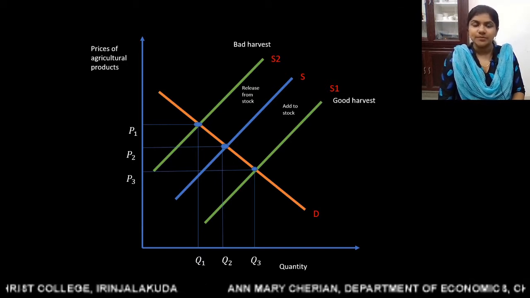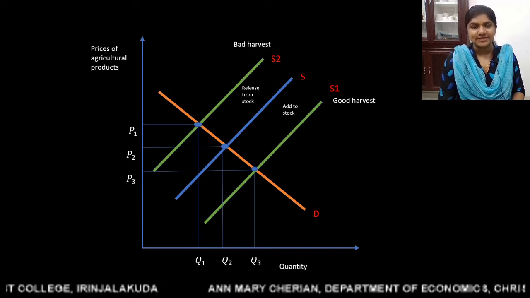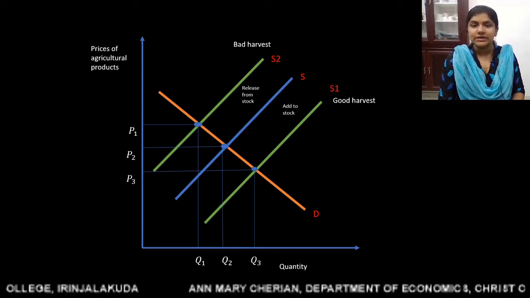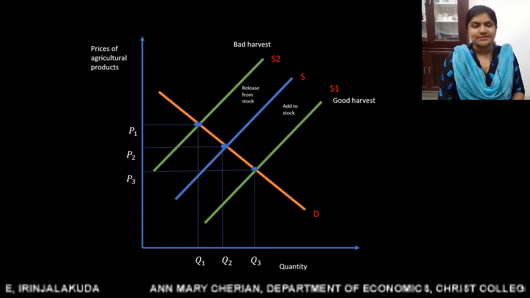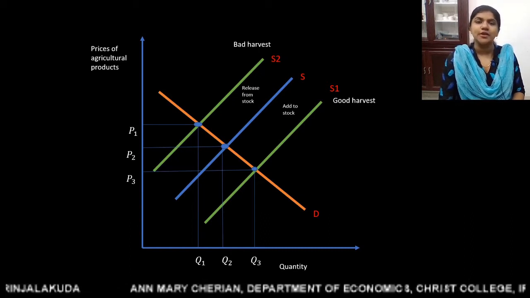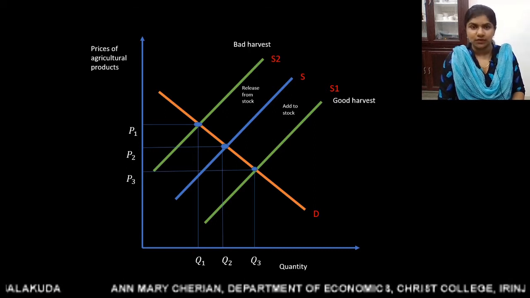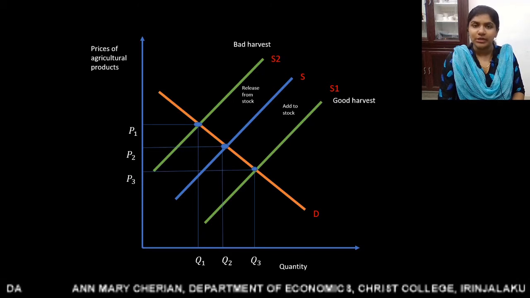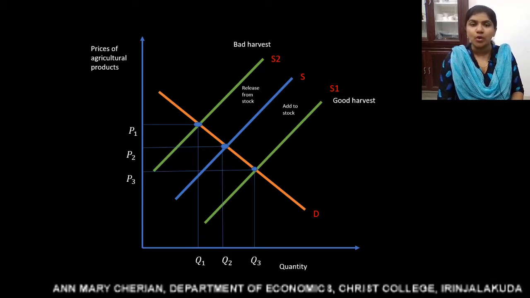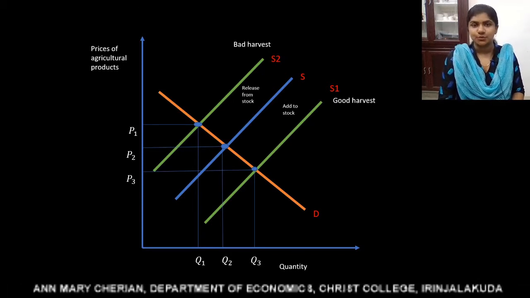And the interaction between the new supply curve S1 and demand curve D determines the new equilibrium price as P3 and new equilibrium quantity as Q3. So the new equilibrium price P3 is well below the target price or old equilibrium price P2.